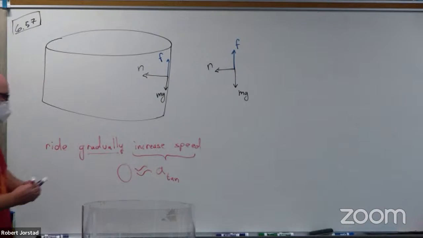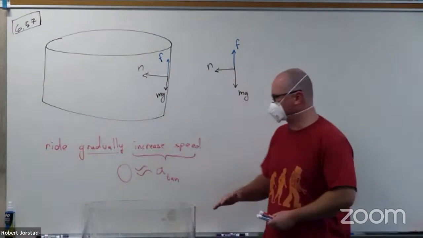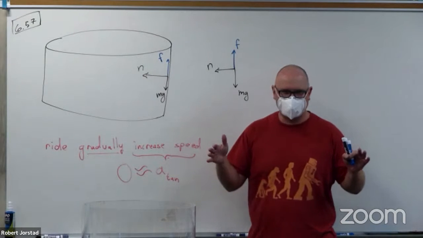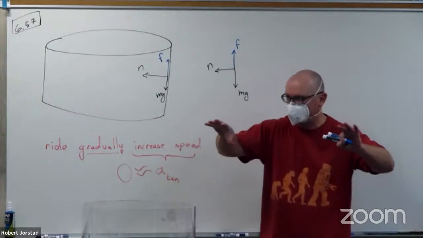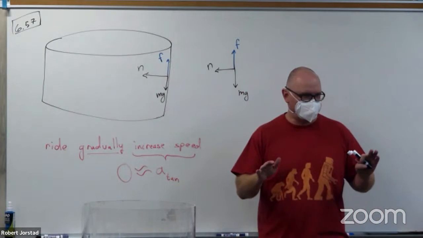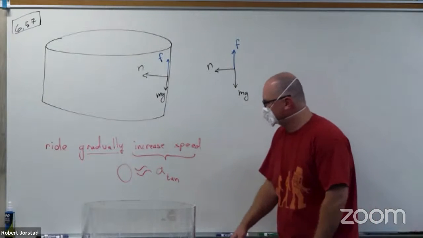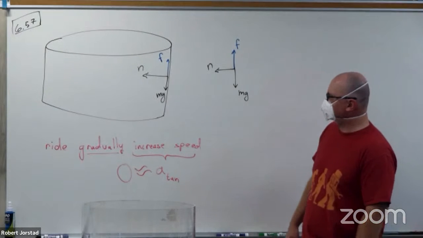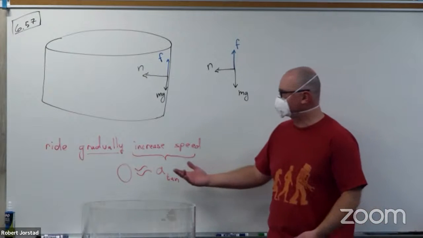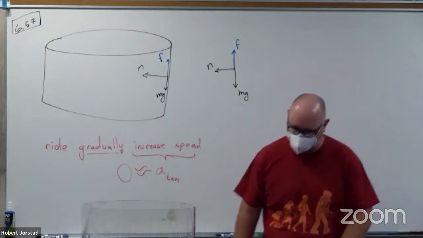The trick is if you see these words where you're gradually increasing speed, that means a_t is negligible. Is that good? That's just my keywords for cluing you in that I don't have to worry about a_t in the problem. Everybody good with that? All right. Okay, that said, what is their acceleration then? If we're at some speed, what does it say?